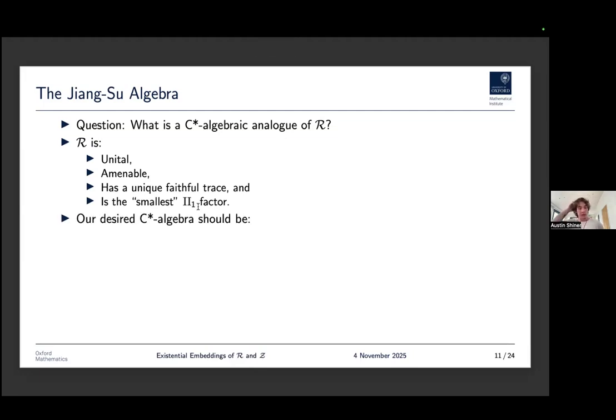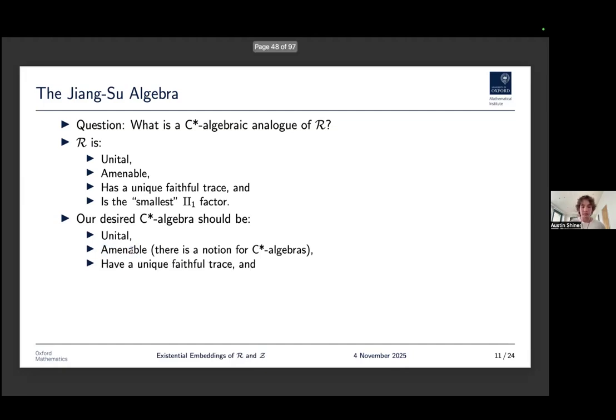So whatever our C-star algebra analog is, it should be unital. There's a notion of amenability, aka nuclearity, for C-star algebras as well, so we want our C-star algebra to satisfy this. It should have a unique faithful trace, and in some sense be the smallest for the class of classifiable algebras.